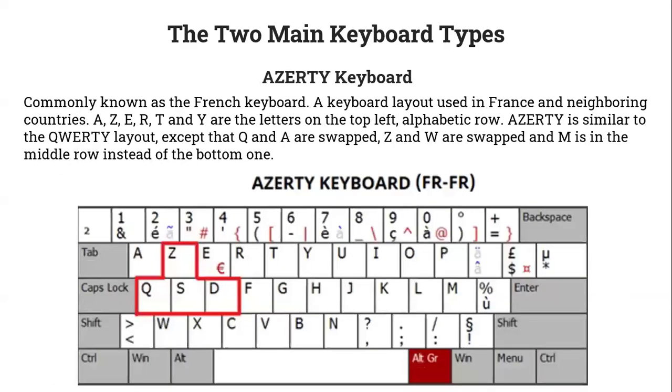Meanwhile, with the French keyboard, their function keys are mixed with the numeric keys. As you can see here, 1, 2, 3, 4, 5, 6, 0, so these keys are not only used for numeric keys, they're also used as function keys and as special character keys. We can also say that French keyboards are a little bit more complicated to use.